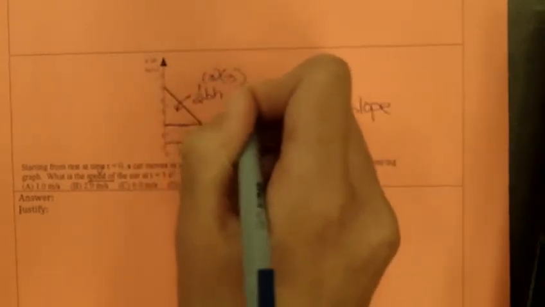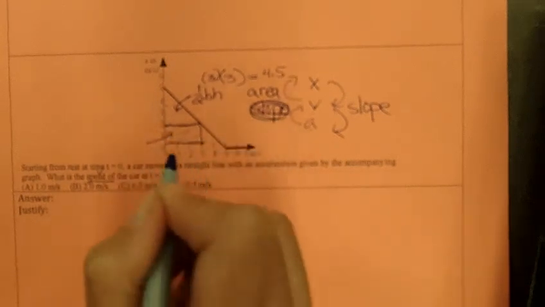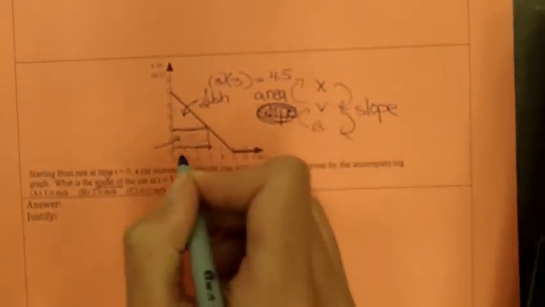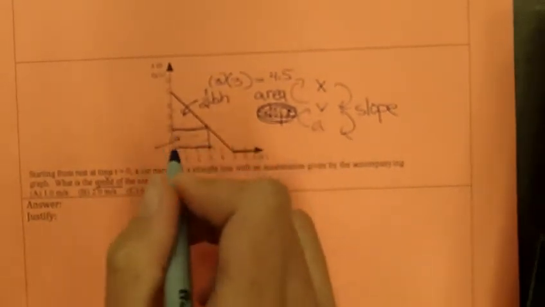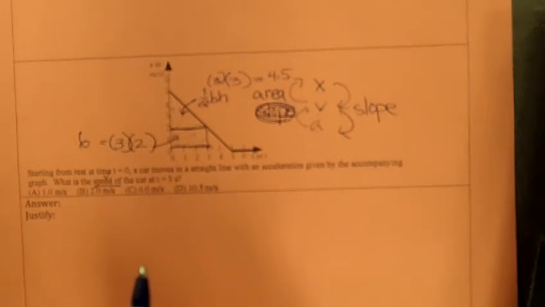The height from 2 to 5 is also 3. So 1/2 times 3 times 3 is equal to 4.5. Down here we have a rectangle, base times height. Our base is 3, our height is 2. So we have 3 times 2, and that is equal to 6.